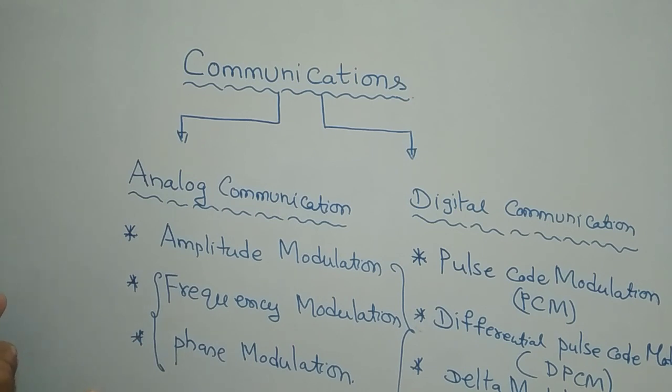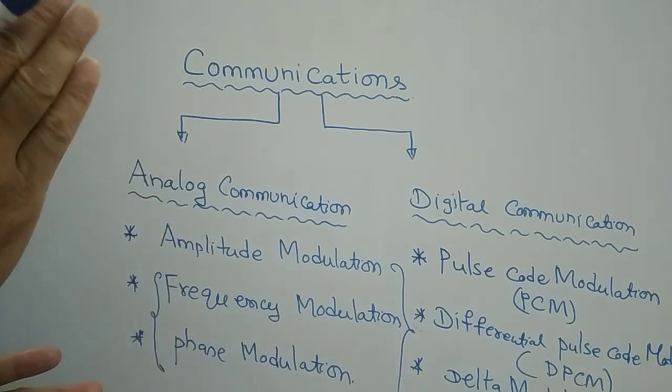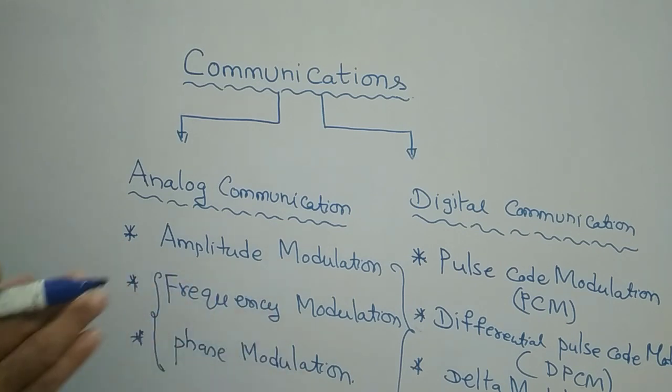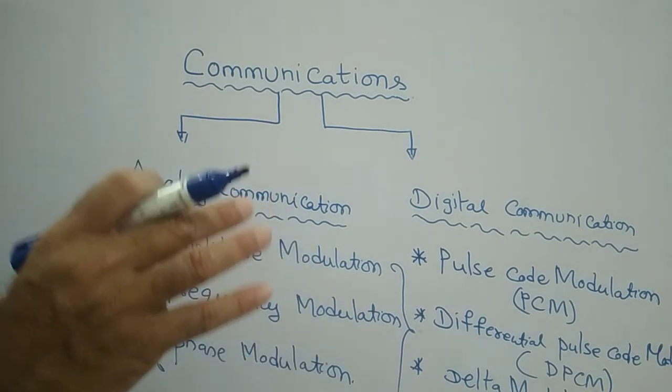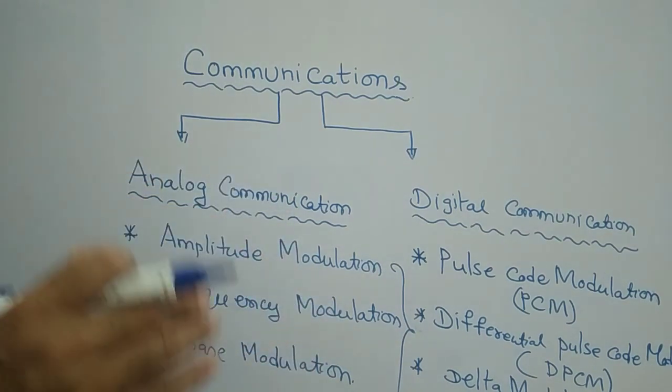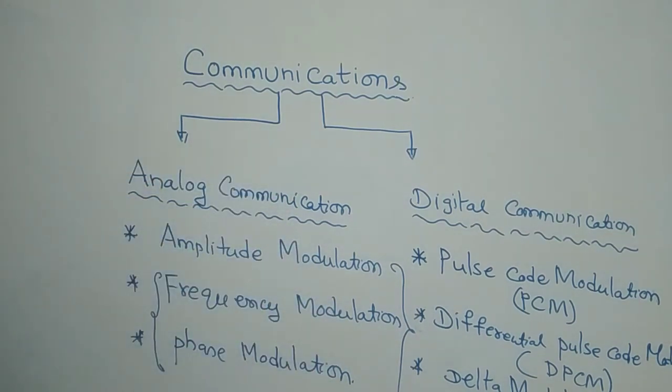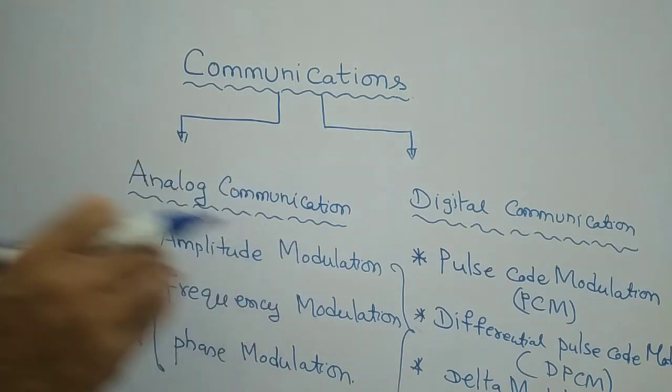And again, we will see the power content in the side bands, because in amplitude modulation it has one carrier and two side bands, the upper side band and the lower side band. In each side band, how much power is there, as well as the power content in the carrier.